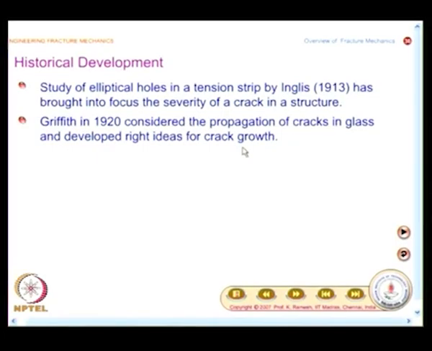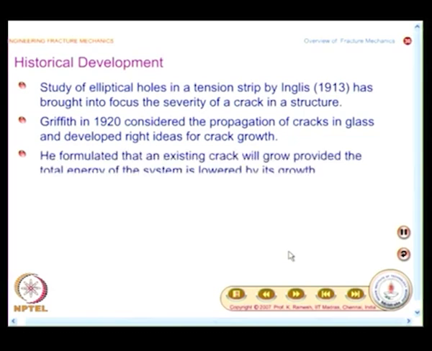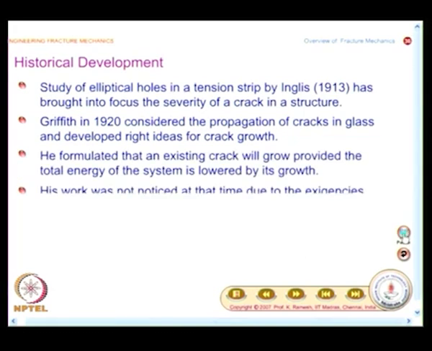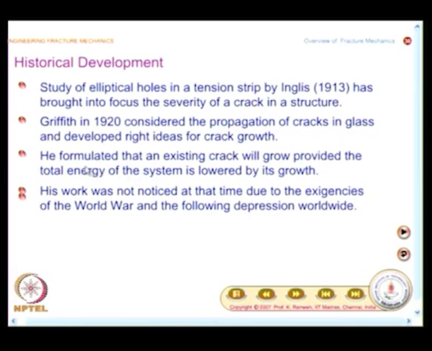So, the contribution of Griffith in 1920 was very important, and as I mentioned, he formulated that an existing crack will grow provided the total energy of the system is lowered by its growth. So, you have to appreciate the existing crack will grow, and eventually when it becomes critical, fracture will occur. So, it is not that when you have a crack, when you apply even smallest load, the structure is going to fail, it is not so.